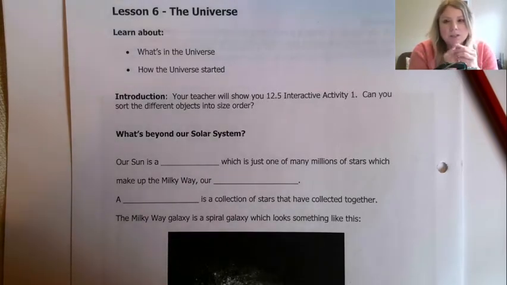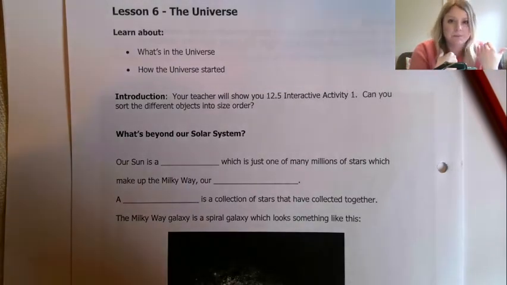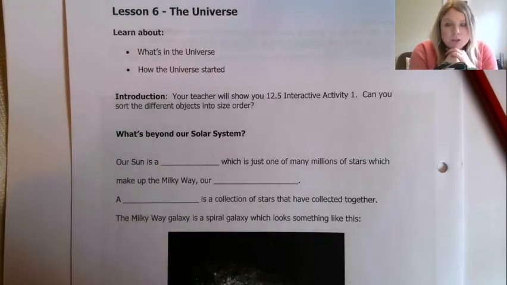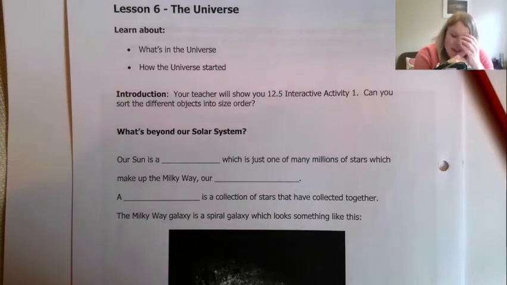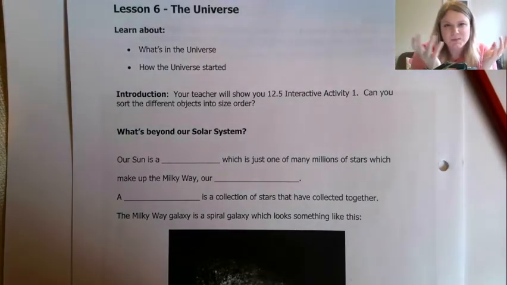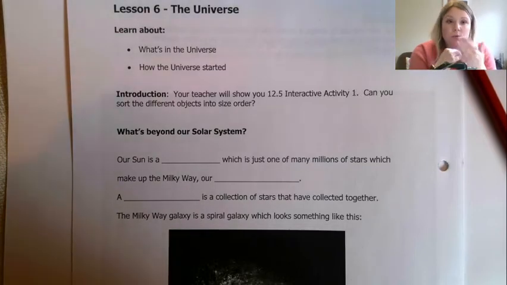So the first thing I suppose that we need to recognize is what a solar system is. So a solar system is one star and then a bunch of things, generally planets, orbiting around it. Then another term that we need to know is a galaxy. So a galaxy is a collection of stars. It's basically going to be a collection of solar systems. So a collection of stars that all probably have things orbiting around them.